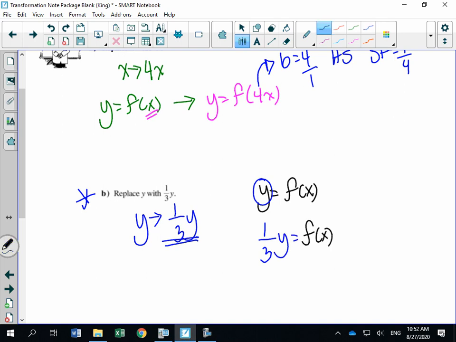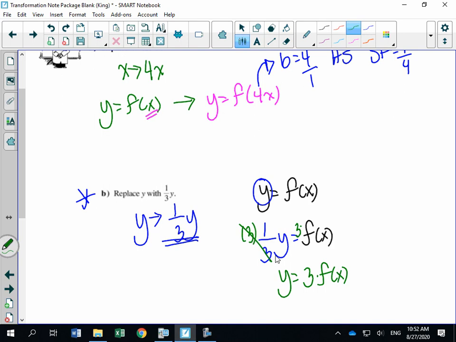Now we need to isolate y, so you need to get rid of this 1/3. In order to get rid of that 1/3, I could times this by 3 and times this by 3, right? Because 3 times a third would cancel. Then I would get y is equal to 3 times f of x.